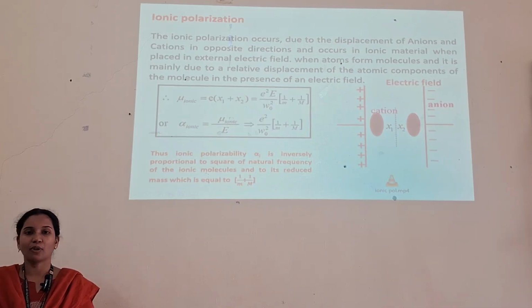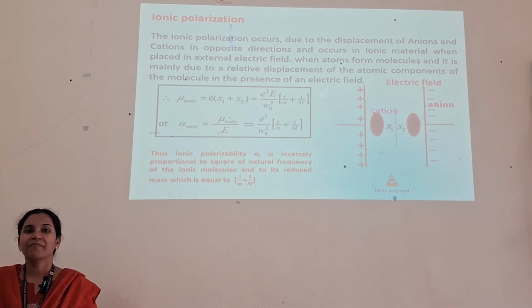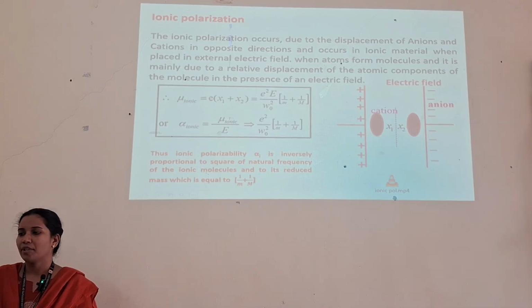Next one is ionic polarization. Ionic polarization is due to the displacement of anions and cations in opposite directions and occurs in ionic material when placed in an external electric field. When atoms form molecules, it is mainly due to the relative displacement of the atomic components of the molecule in the presence of an electric field.